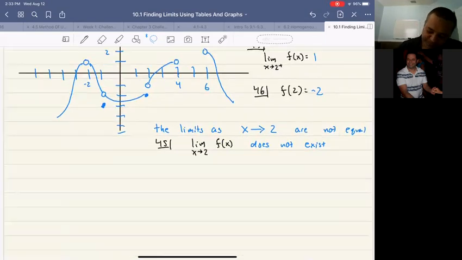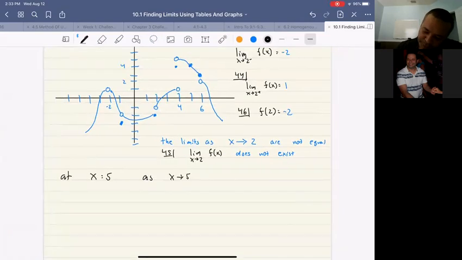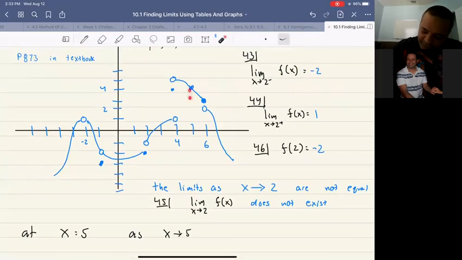So at x equals 5, and as x approaches 5. So 5 is actually this point here.